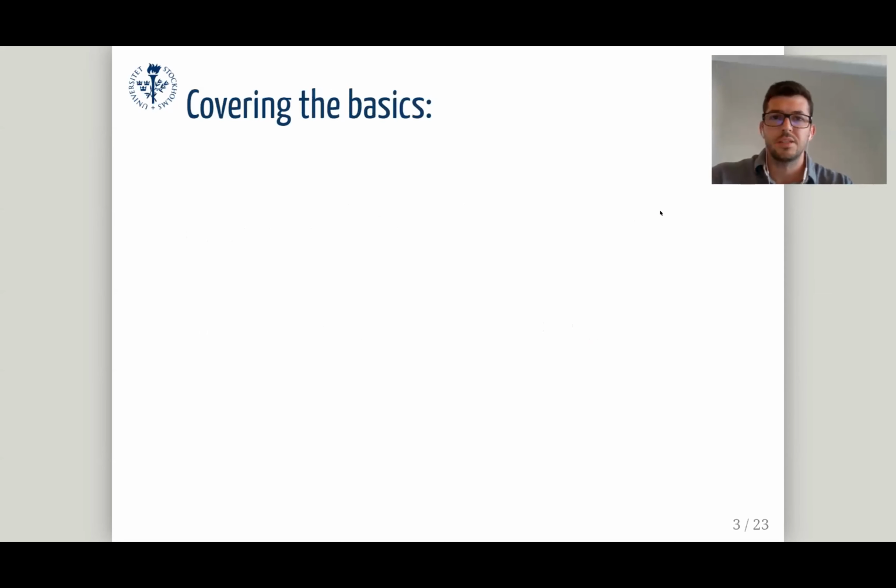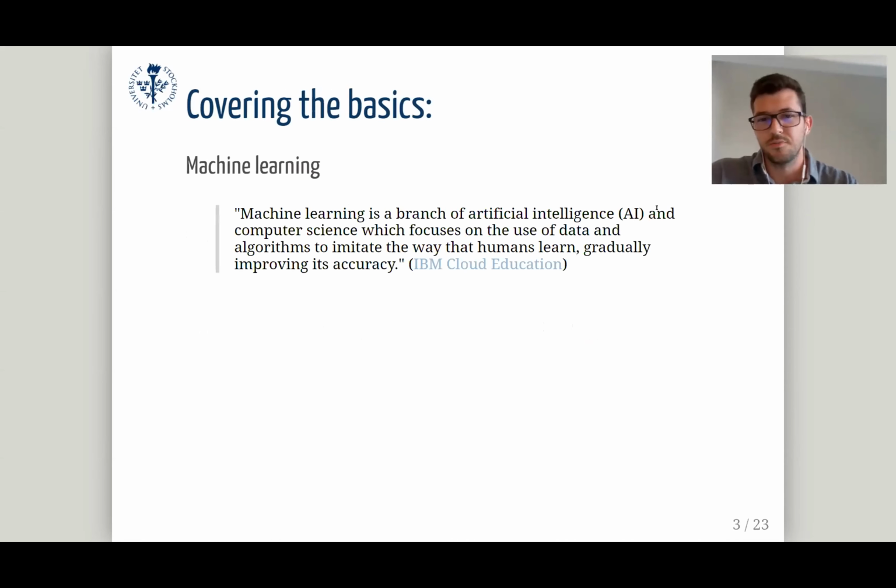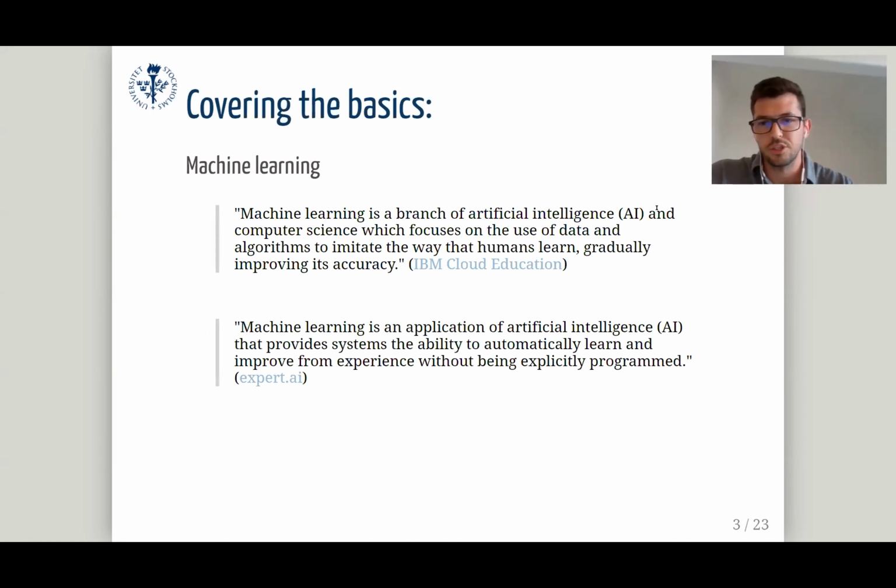So just to cover the basics, I know you already know this, but according to the IBM Cloud Education, machine learning is a branch of artificial intelligence and computer science which focuses on the data and algorithms to imitate the way humans learn, gradually improving its accuracy. And according to Expert AI, it's an application of artificial intelligence that provides systems the ability to automatically learn and improve from experience without being explicitly programmed.